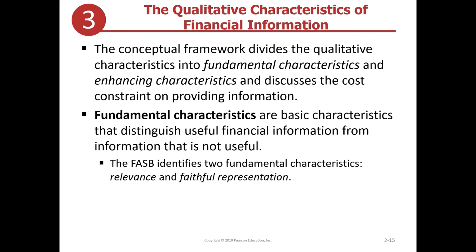The objective of financial reporting is to provide useful information for decision-making by investors, lenders, and other creditors. What characteristics make financial information useful? What characteristics do you think would make financial information useful?